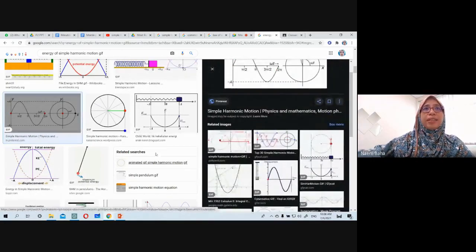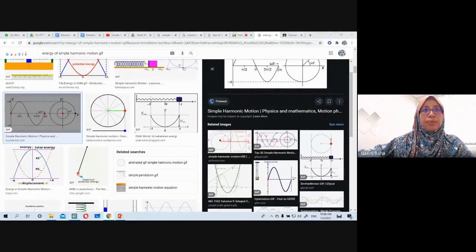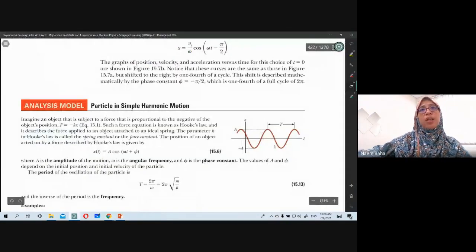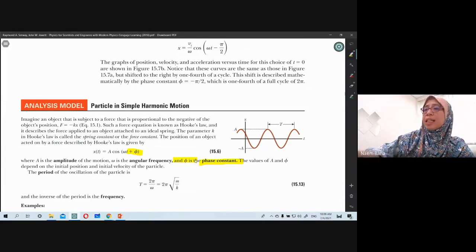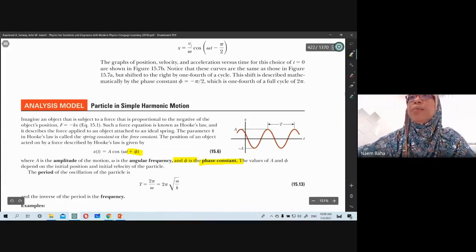Nevertheless, what the textbook is trying to portray and highlight here is this idea of an additional phase constant. This is called phi, where this is actually a phase constant. In Physics 1, you learned this expression before, but a bit different.